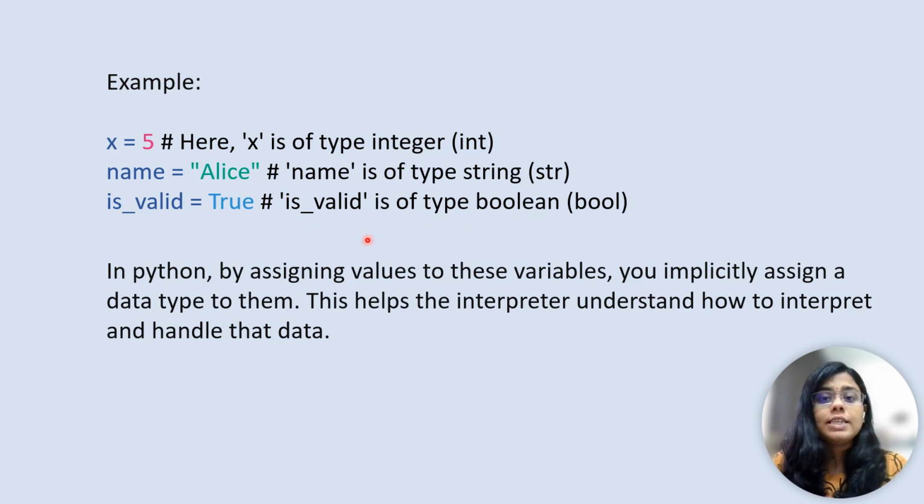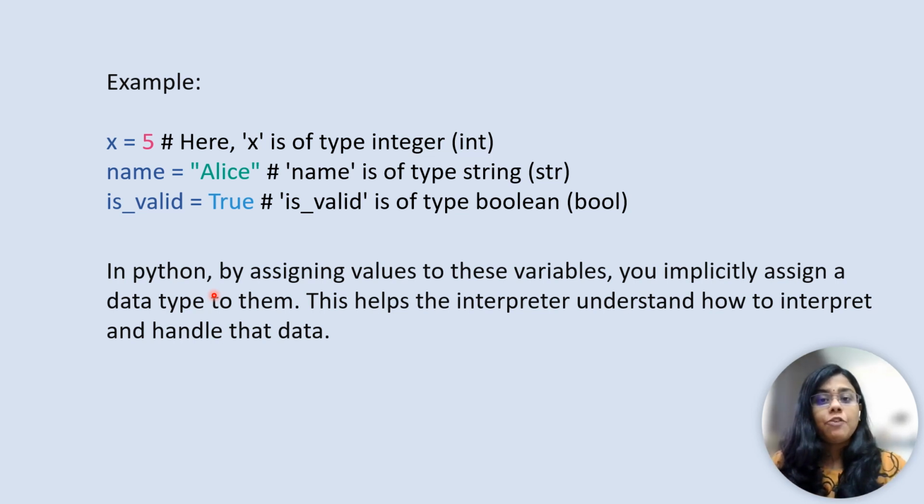Since Python is a dynamically typed language, when you assign a particular value to a particular variable, the data type of that particular variable is automatically picked up by the program. In Python, by assigning values to the variables, you implicitly assign a data type to them.